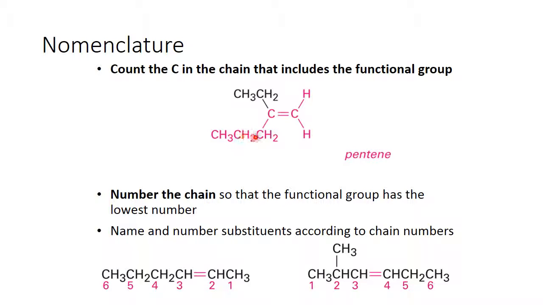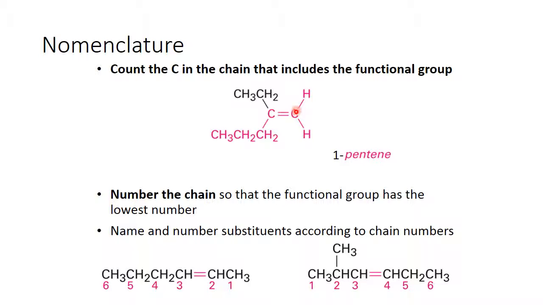So as in alkanes, you can count from either end of the chain, and you pick the lowest number. I can count from this end, 1, 2, 3, 4, or I can count from this end, 1. 1 is a lower number, so I'm going to choose 1 as my numbering system. Now, when we number, we always have one numbering system.